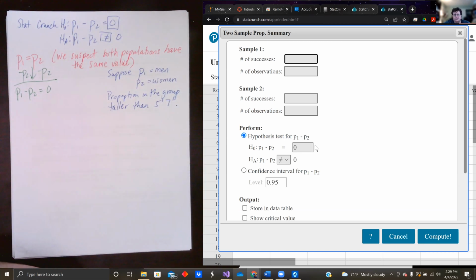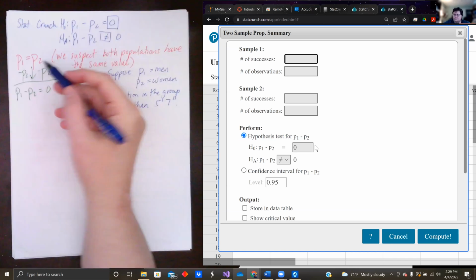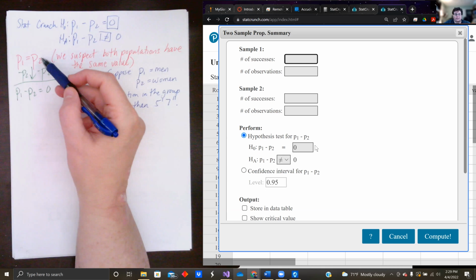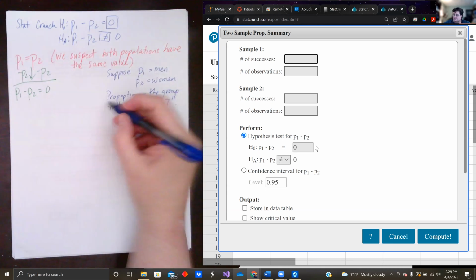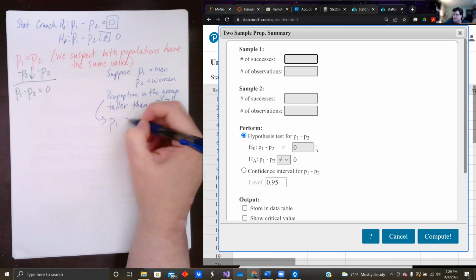Now, men in general have a taller height. The average male is taller than the average female. There are variations. There are women that are much taller than me, and there are men much shorter than the average woman. But overall, the average male is taller than the average woman. So P1 shouldn't equal P2. P1 should be bigger. We would have P1 is bigger than P2.